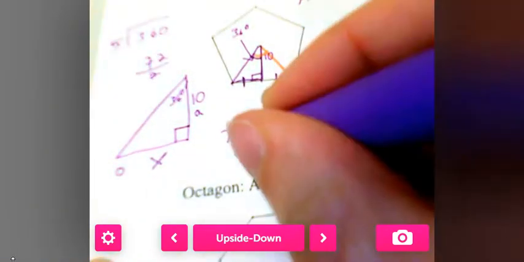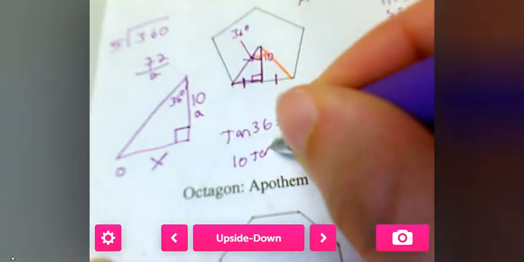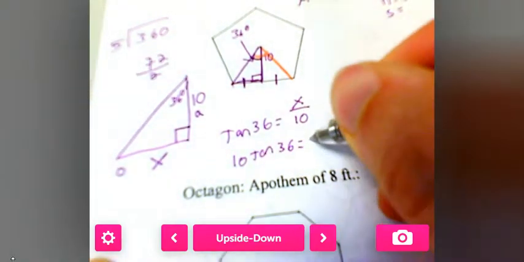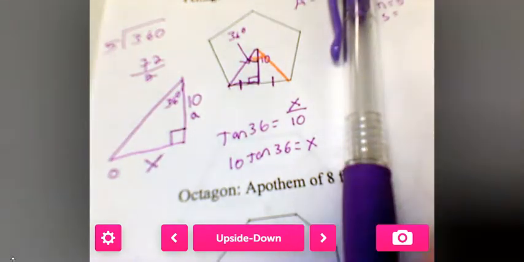Which one uses O and A? Tangent. So I go tan of 36 equals x over 10. So I'm going to put in my calculator 10 tan 36 equals x. Remember, to get the x by itself, I multiply 10 on both sides.